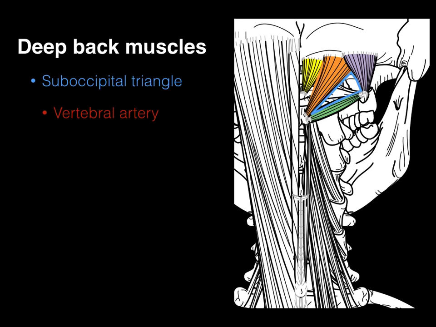And we like this because the vertebral artery that arises from the subclavian courses up in those transverse foramina of the cervical vertebrae, hits C1, and then it courses horizontally through the floor of the suboccipital triangle, and then up through the foramen magnum into the skull, and it provides the posterior blood supply to the brain. So just for that one reason, I wanted to show where that vertebral artery is.